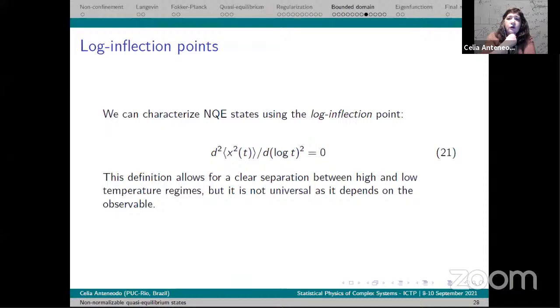So in the case of the bounded domain, where we can calculate a true equilibrium state, we can obtain analytically the inflection point. We then can know when these states can exist or not.